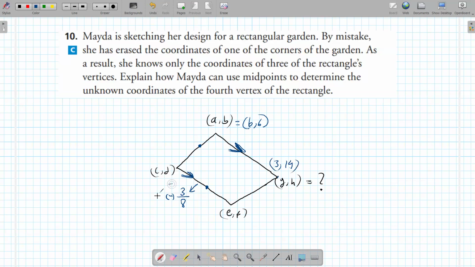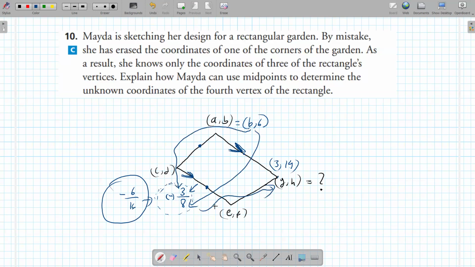This method only works if you haven't reduced the slope. Don't reduce it. So let's say it was actually negative 6/16. Don't reduce it, because if you reduce it, you'll end up here. So you can just add the slope. You need to go 3 units down and 8 units across to get that missing point.